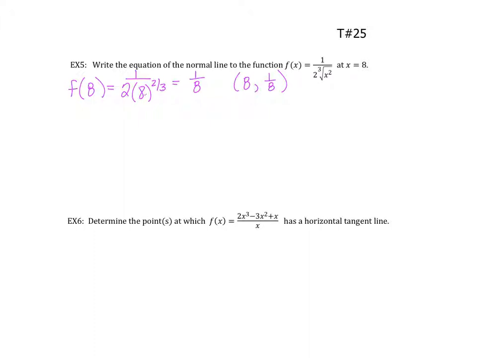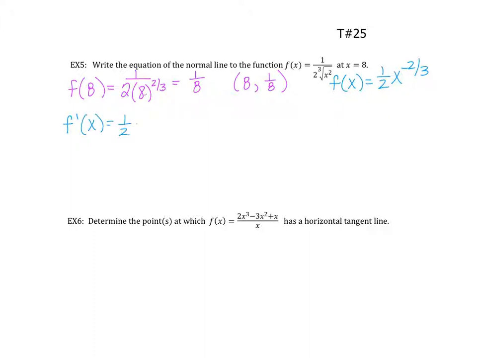And then for the derivative, it might be helpful to rewrite f of x. Notice that f of x, if I got it ready for the power rule, would look like this. And so for the derivative, I'm going to write this one out.